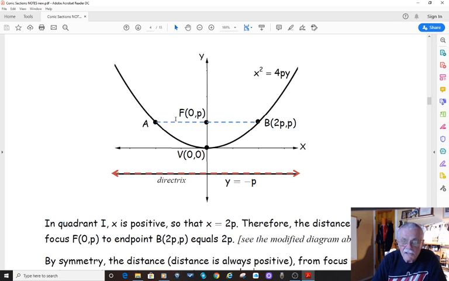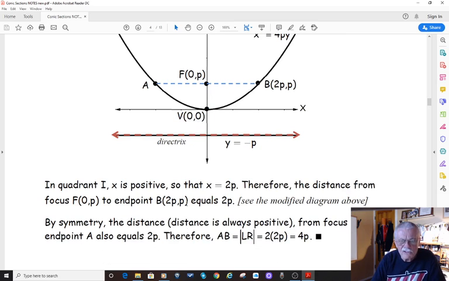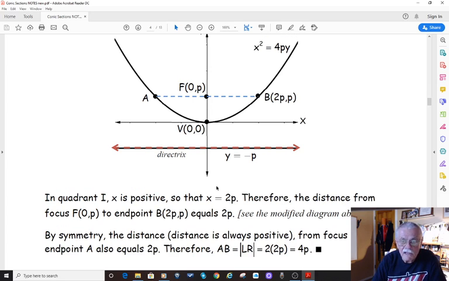So this length from F to B is 2p, and by symmetry, as we said before, from A to F is also 2p. There's a little bit of explanation here, but basically we're just looking at the diagram. So the length of the latus rectum for a parabola is 4p.